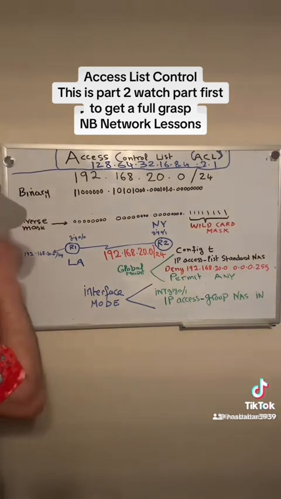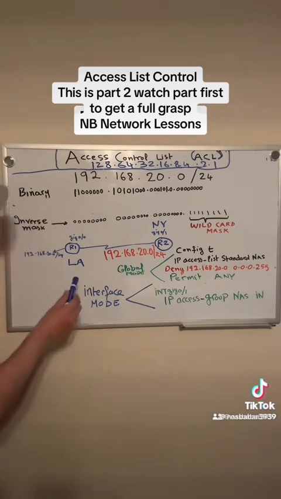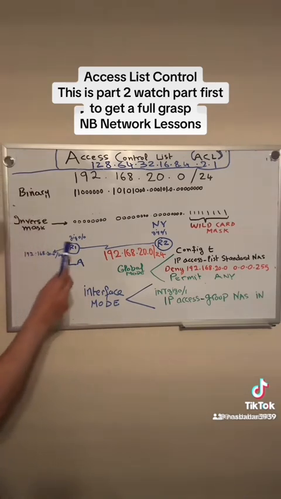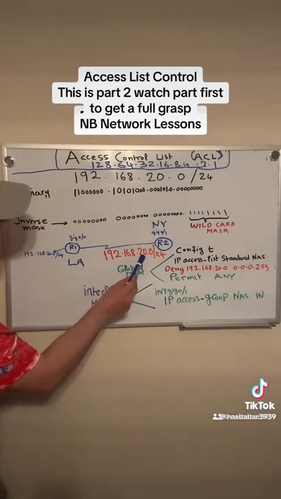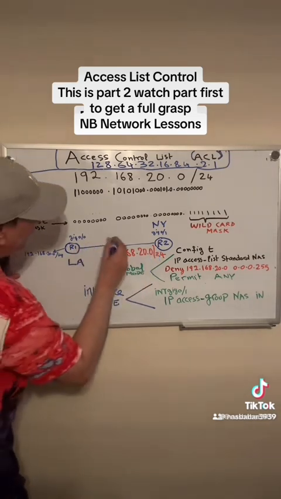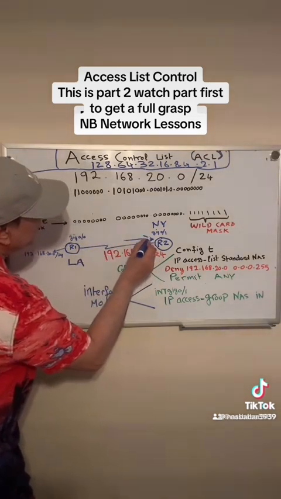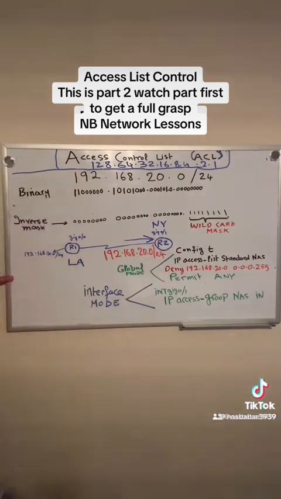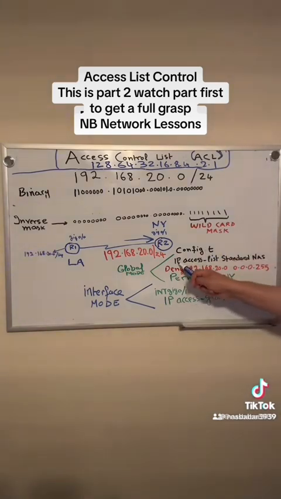Now moving on, how do we apply that on a router? 192.168.20.0/24 has to be blocked from entering gig 0/1 on R2. Pretty straightforward and simple. Config T, you go into global mode, and you say ip access-list standard and name it.